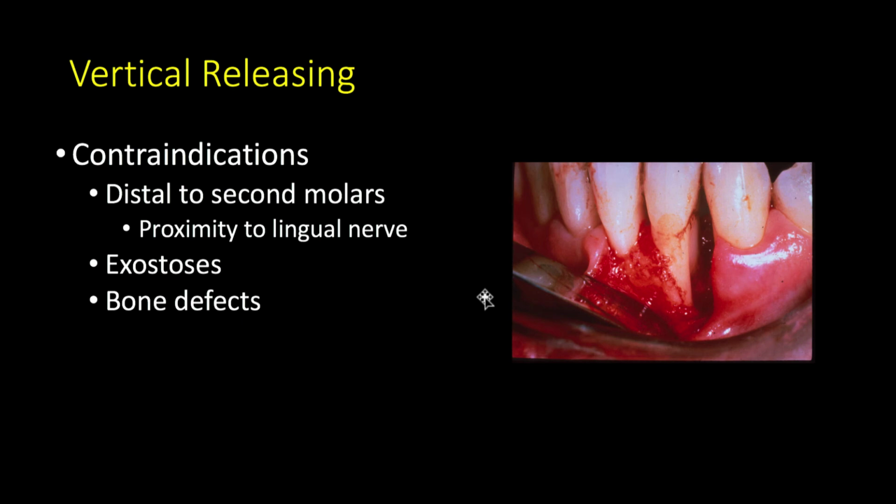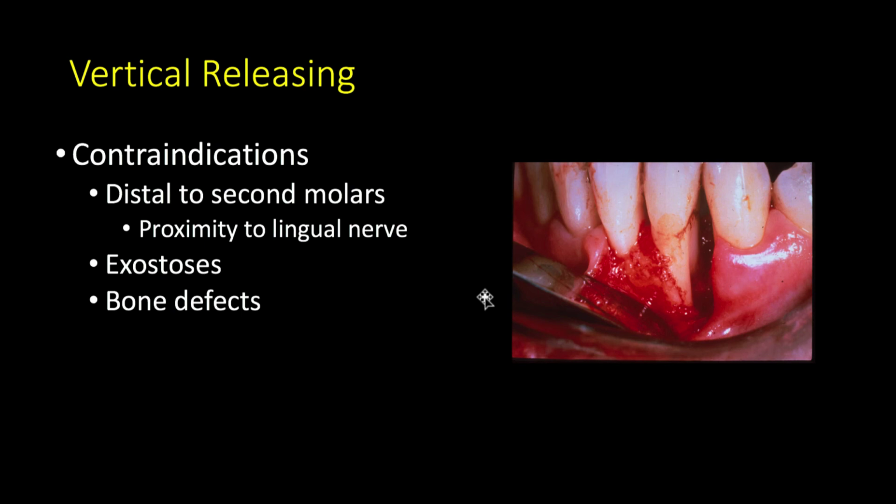Kesselbach in 1984 told us that the incidence of the lingual nerve sitting on top of the alveolar crest in this region was about 17.6% of cases. If we're thinking laterally on the lingual plate, Benny in 2000 reported that the incidence of the lingual nerve laying on the lingual plate is about 22%.